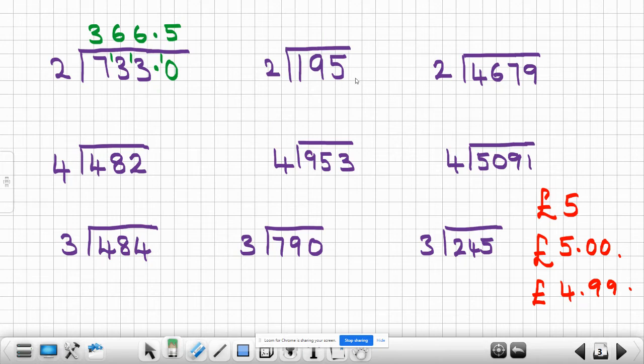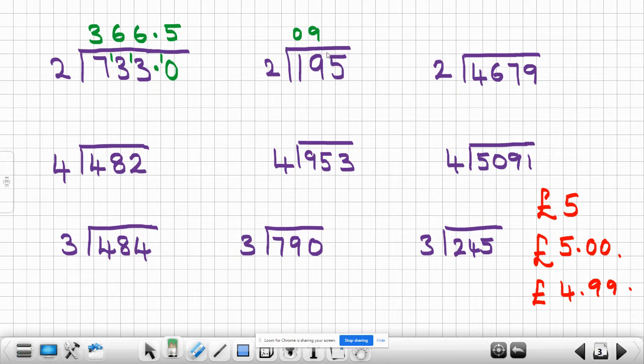Okay, so this second one, 195 divided by 2. 2's into 1, can't get a whole number, so we're going to put a 0 there. We're going to remember to carry over that 1 to here to make 19. 2's into 19 goes 9 times. 2 times 9 is 18.